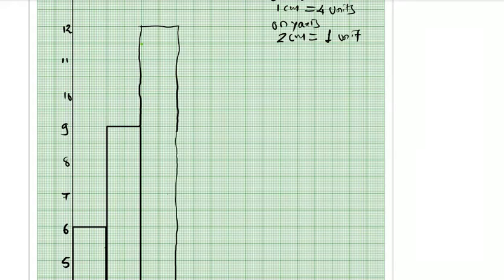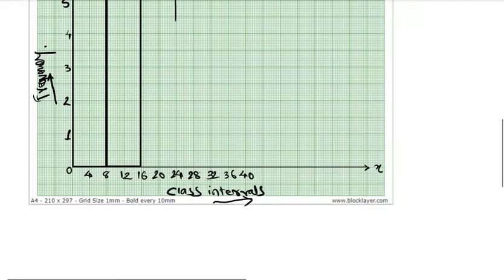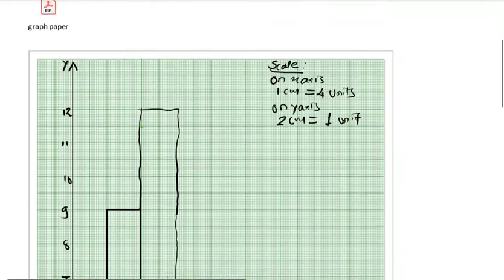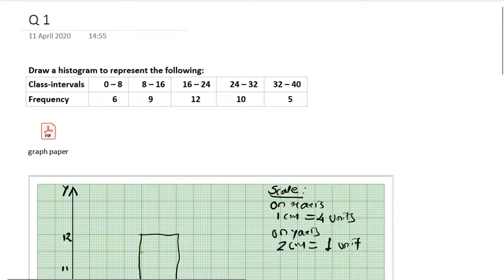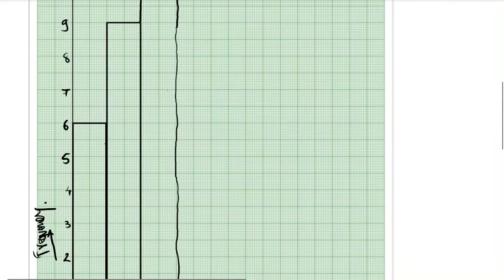So this is the next bar. Let me complete that. It is going right here. Okay, so this is the next bar, and after that 24 to 32, 10.